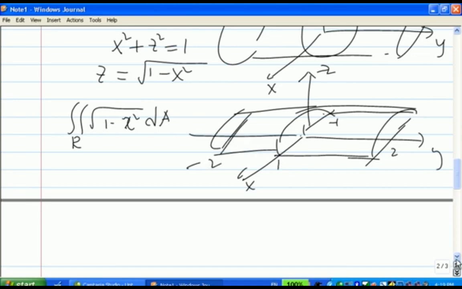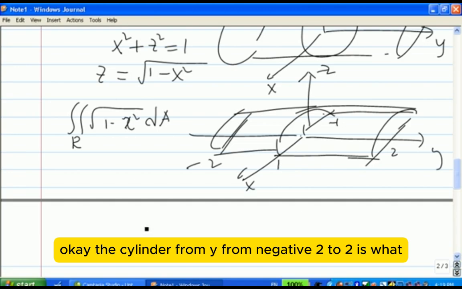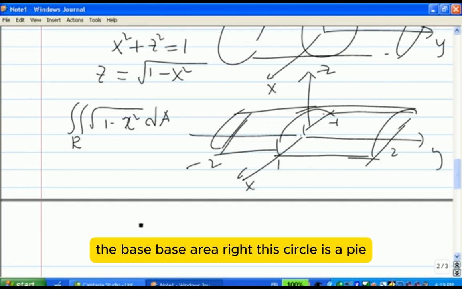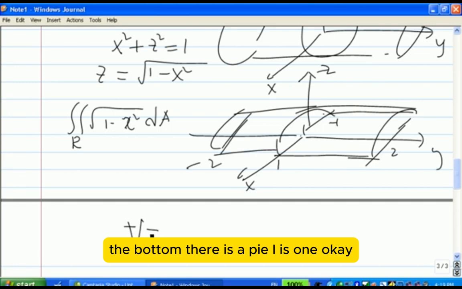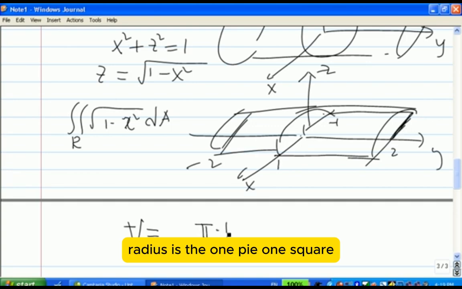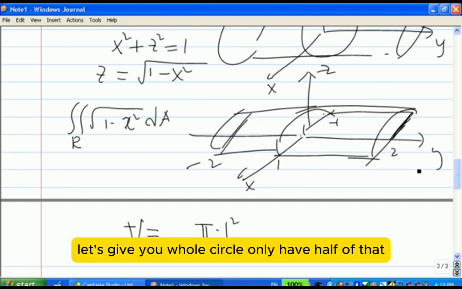To find this cylinder, the cylinder with y from -2 to 2, what is it? The base area, right? This circle is pi r squared, the radius is 1, so pi times 1 squared. That gives you a whole circle, we only have half of that.